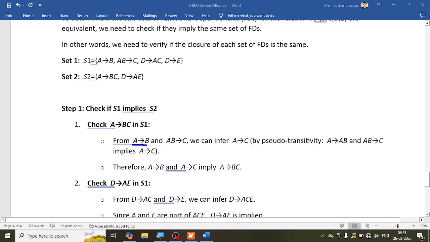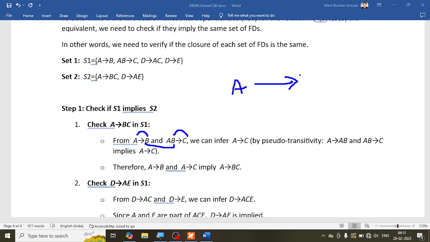So we know that A derives B. This is given over here. And it is also given that AB derives C. So let's say A derives B, and you notice that AB derives C. So using A, I can get B. So naturally I take this A, and I know using A I can get B. That is for sure.